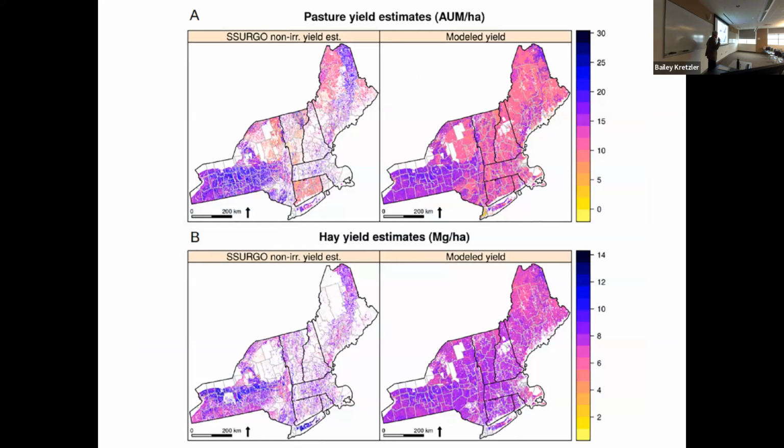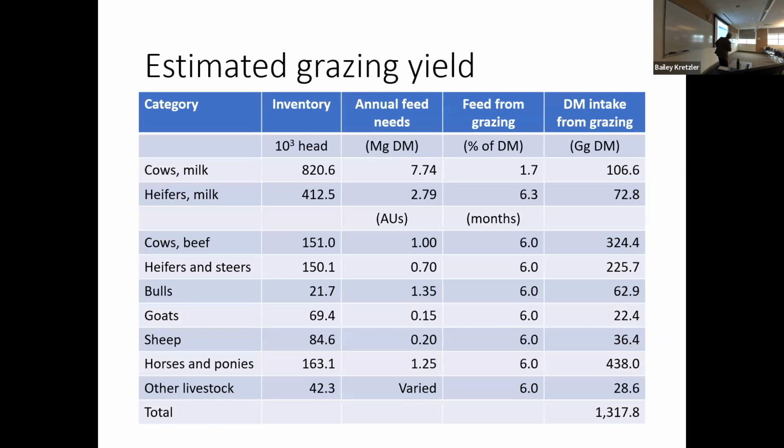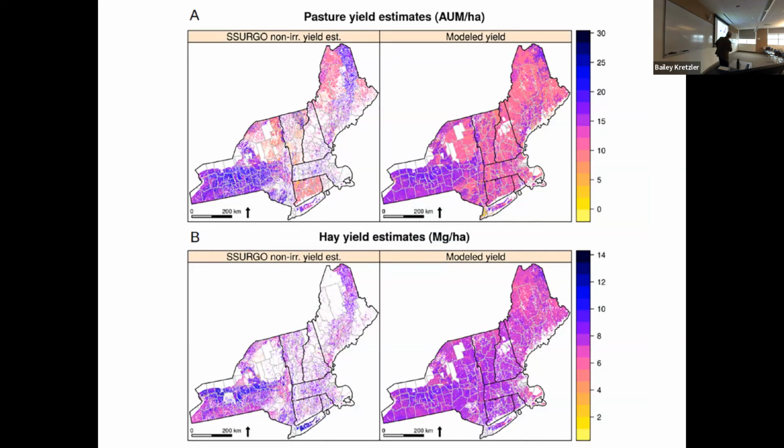Now, before I show you the take-home slide for yield, I want to show you the potential yield. What you see on the left-hand side here are the yields for soils that are reported in SSURGO. You can see there's a lot of area in white where there's no data. Now, there is land that's in hay and pasture on some of the soils, so we did some modeling to essentially fill those data gaps, at the price of shrinking some of the variability in the data, but we're coming up with a mean, so we weren't too worried about that.